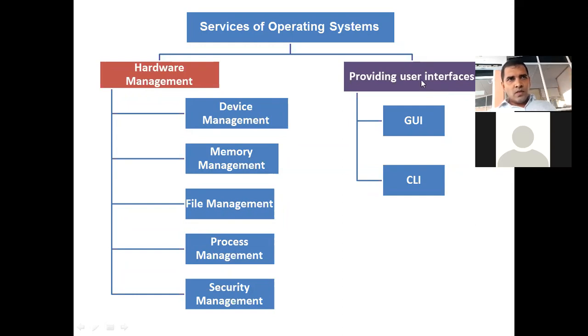You have 2 types of interfaces: GUI, which is called graphical user interface. Then another interface is called command line interface, right? Graphical user interface and command line interface, both of them are called interfaces. Okay.